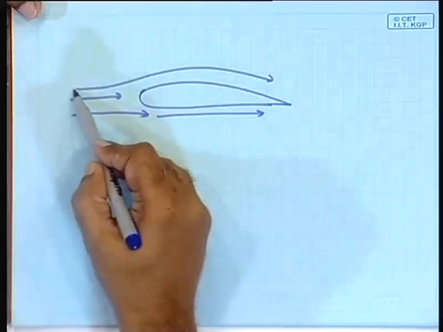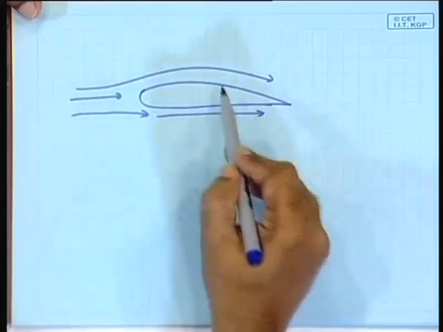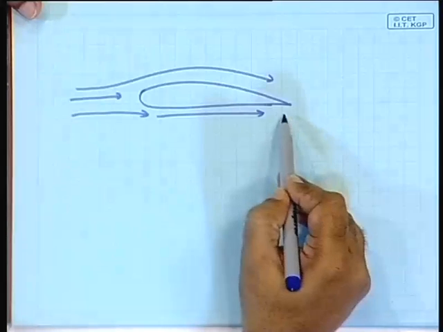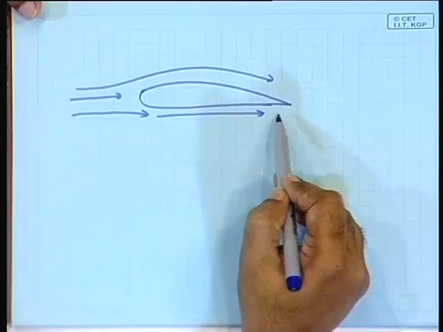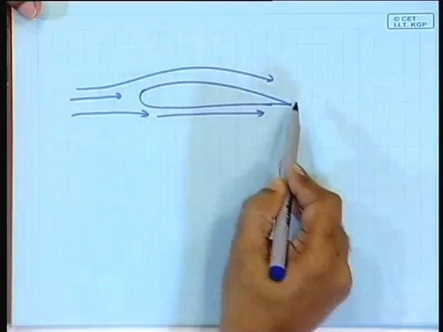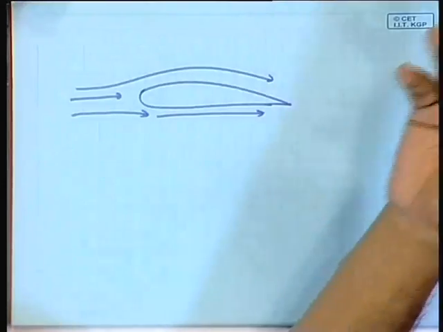As a result, the air that is going above and the air that is going below have to traverse different routes, this route being smaller and this route being larger. Again, by Bernoulli's principle, you will see that there will be a pressure difference, and that pressure difference will result in an upward lift. Okay.